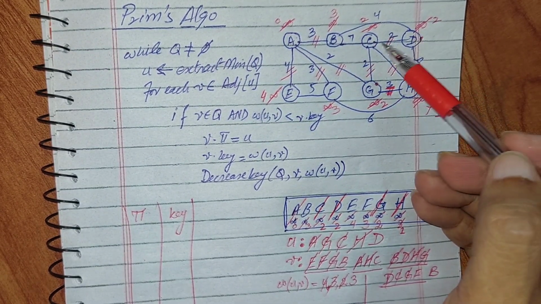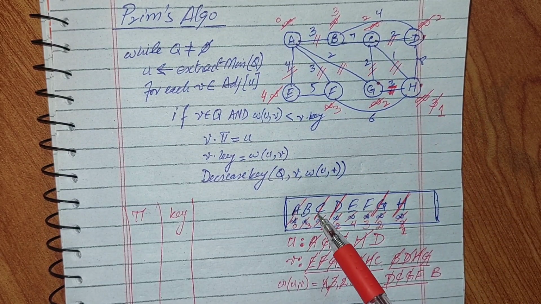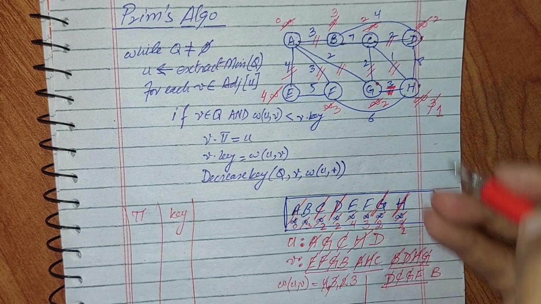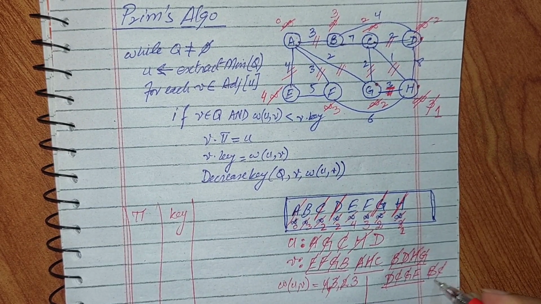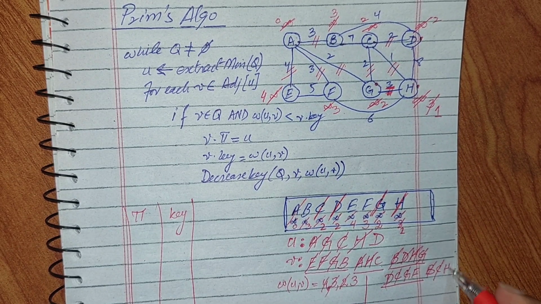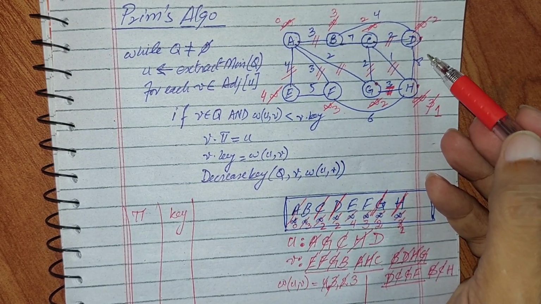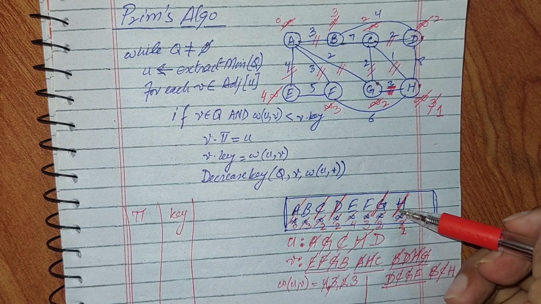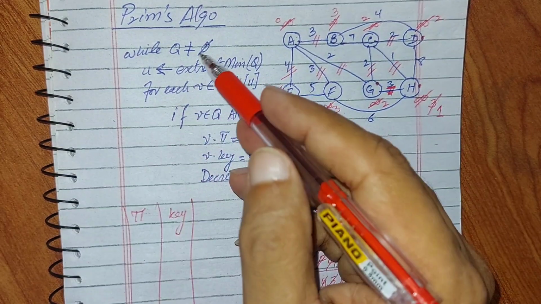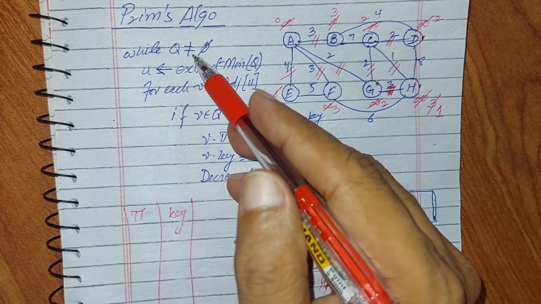The next neighbor is C. We see that it is not in the queue, so we will skip it. The next neighbor is H. H is not in the queue, so we'll skip it, and then we will go back to the start of this loop, while queue is not empty.